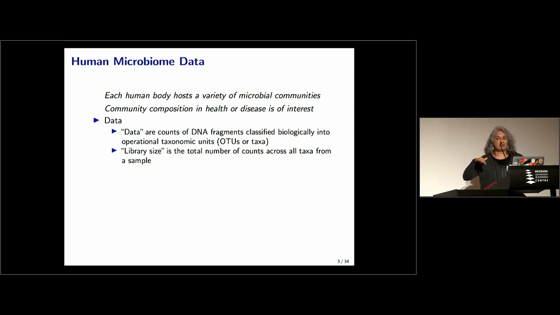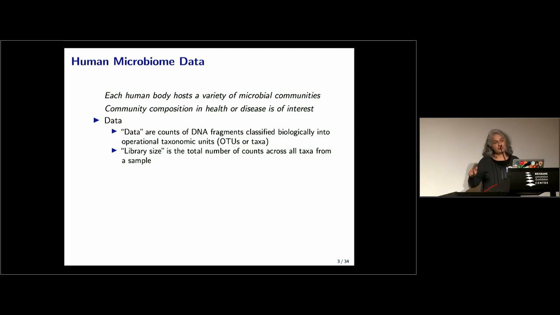And we've run into this problem with the data that we have, is some microbiome groups will actually have data that are classified more finely at a different scale than with others. So comparing data from different labs and so on is also problematic. But basically these data are often called OTU tables. The term library size is used, this is really what we're talking about as a sample size.